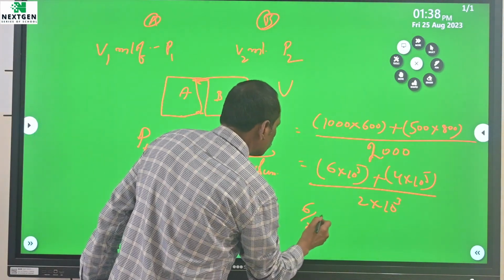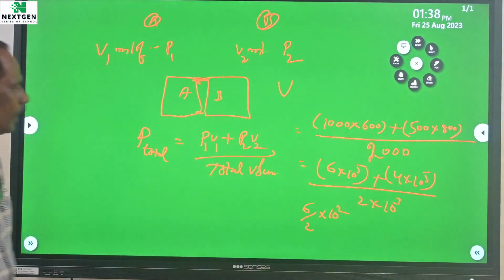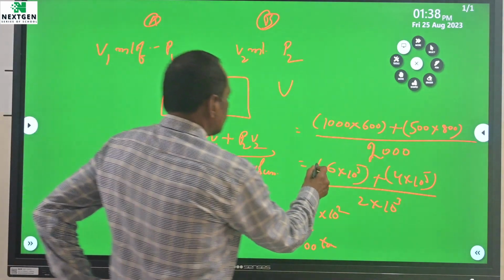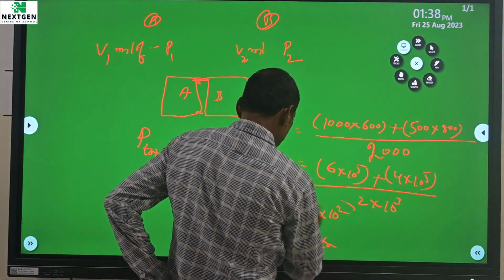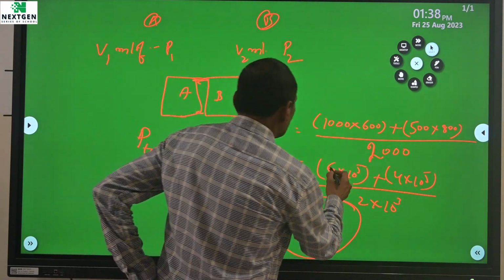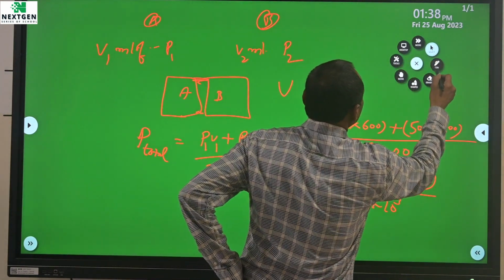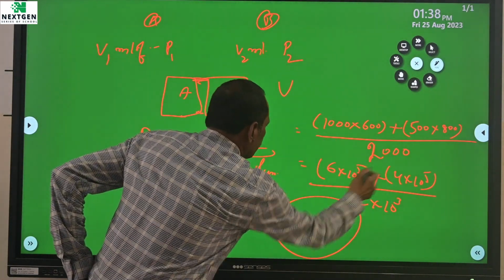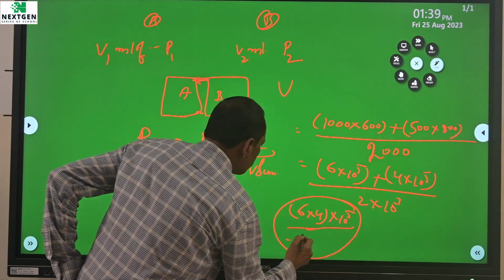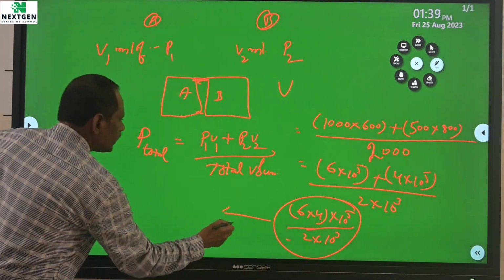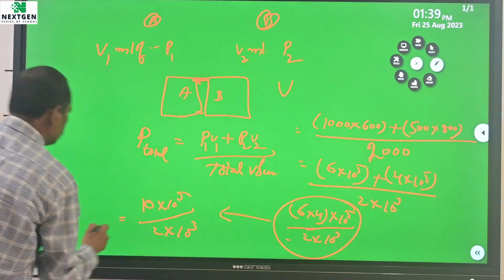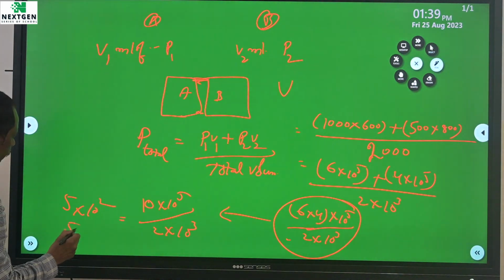Here 6 plus 4 into 10 power 5 by 2 into 10 power 3, that is equal to 10 into 10 power 5 by 2 into 10 power 3, that is equal to 5 into 10 square or 500 torrs.